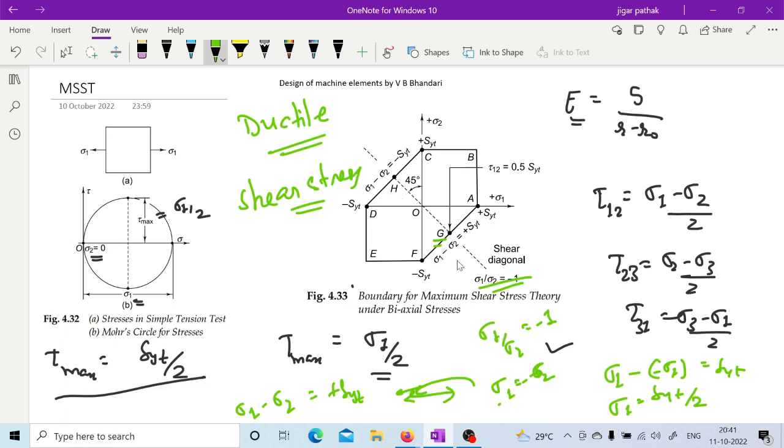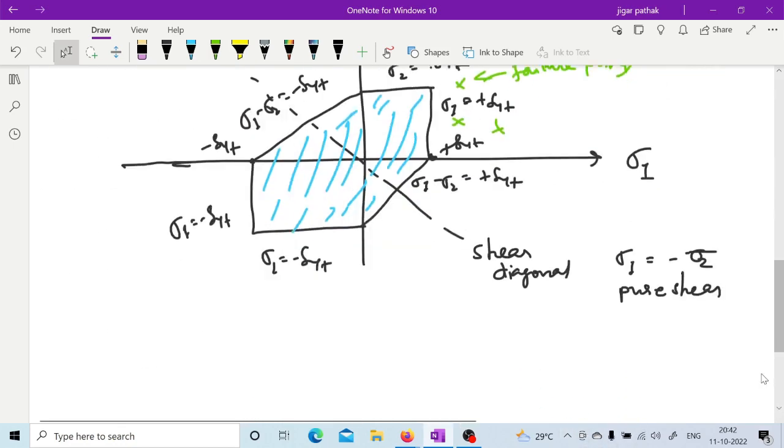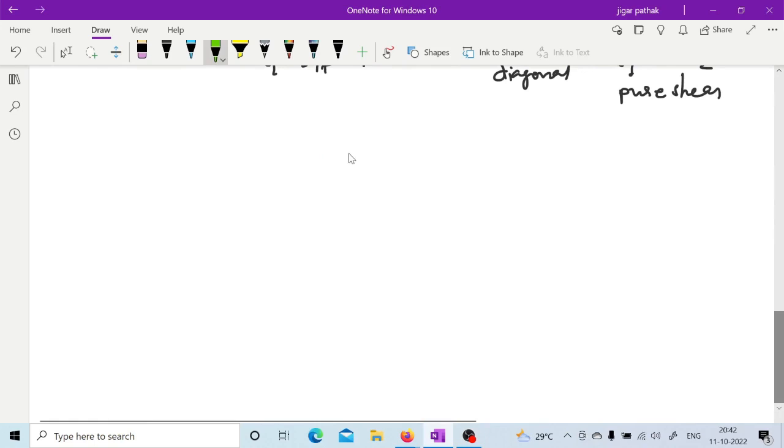That is why the shear diagonal is important, and the shear diagonal represents the pure shear condition. On the Mohr circle, pure shear condition means sigma 1 is equal to minus sigma 2.